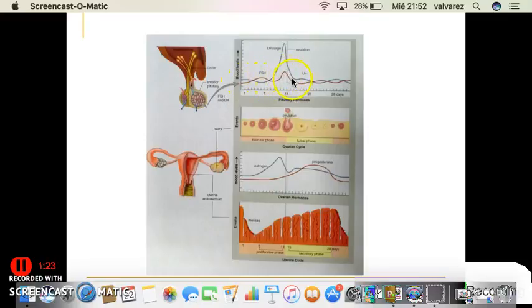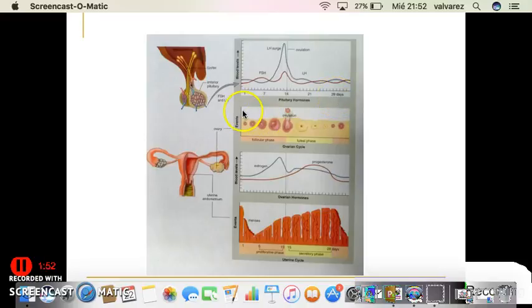FSH, the red one in this graph, LH, the blue one. Along this axis, what we see is a period divided into 28 days. These are referring to the menstrual cycle that commonly lasts for most women around 28 days.